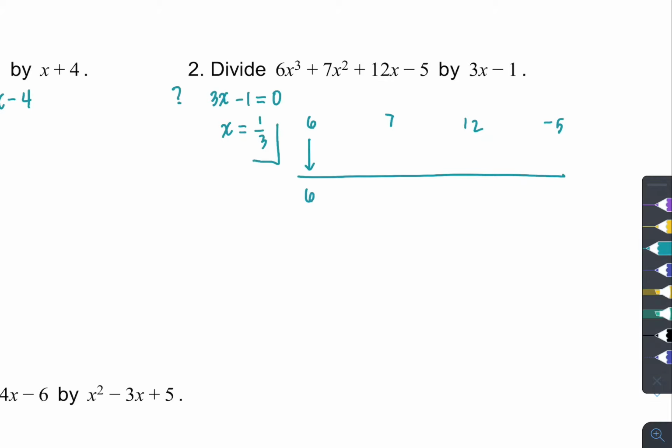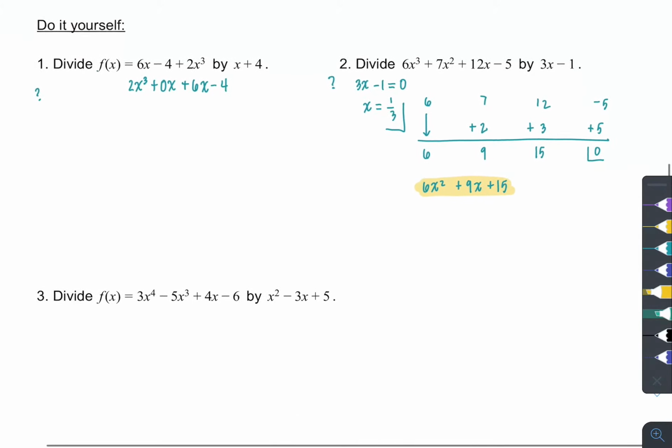We multiply by 1/3, so 6 times 1/3 is 2. Add straight down, it's 9. Multiply by 1/3, add straight down. Multiply by 1/3 and add straight down, so we get a remainder of 0. So this answer ends up being 6x squared plus 9x plus 15. So that right there is our final answer.